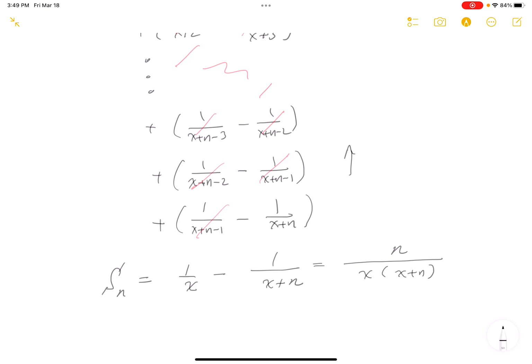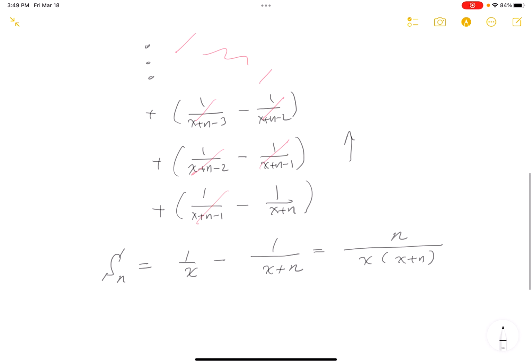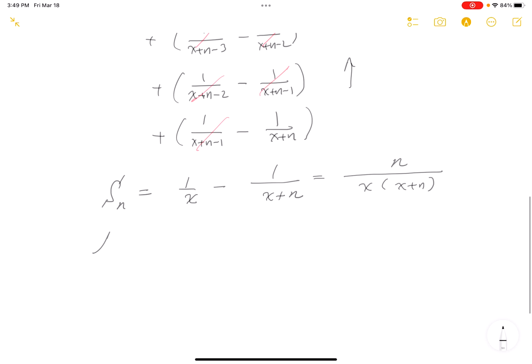X plus n minus x. Yeah, just get an n. We've got to take the limit as n goes to infinity. And what would you get of Sn? Well, you would just get 1 over x in that limit.